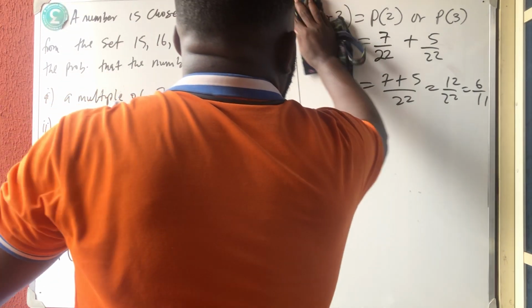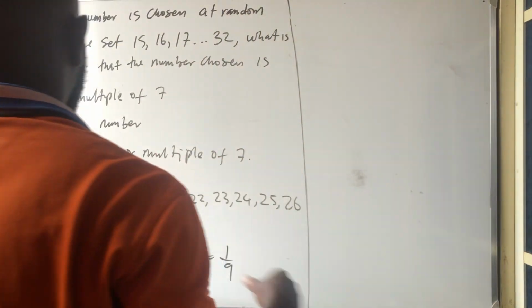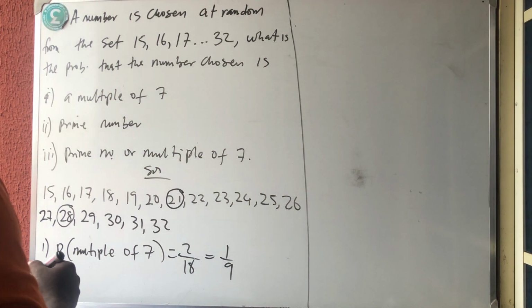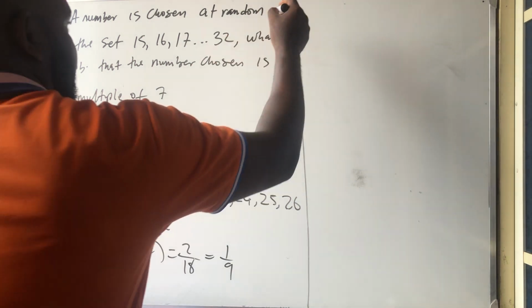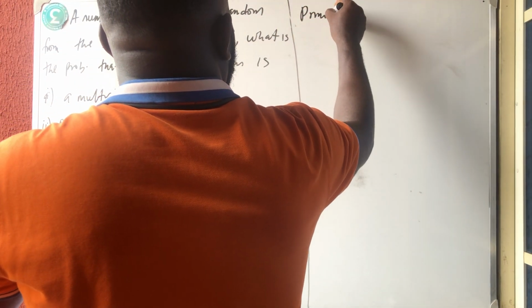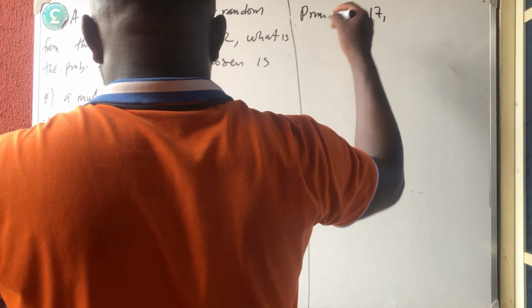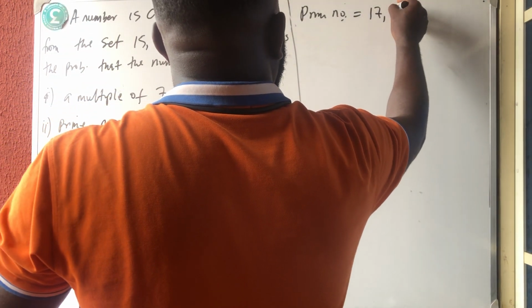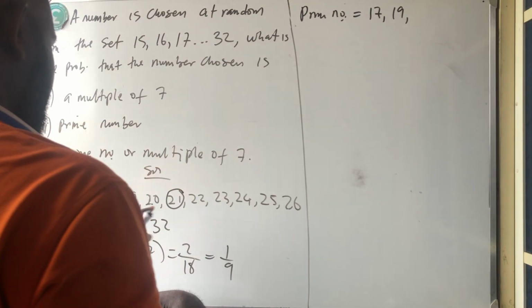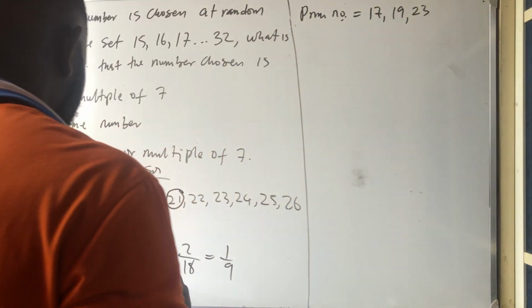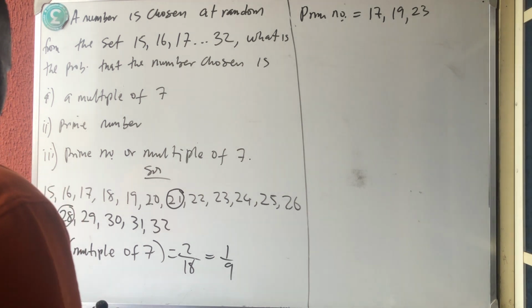So the probability of a prime number. Prime numbers are numbers that only itself and 1 can divide. The prime numbers we have there are 17, 19, and 21 is not a prime number because 3 can divide it. 23, and 29.